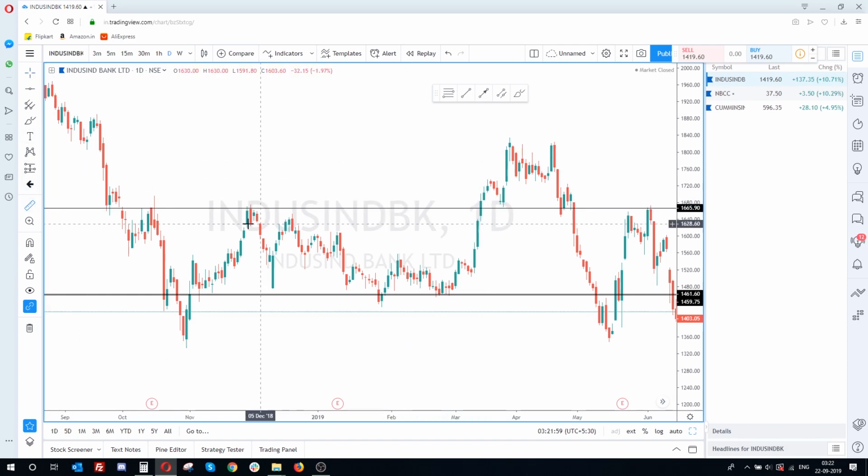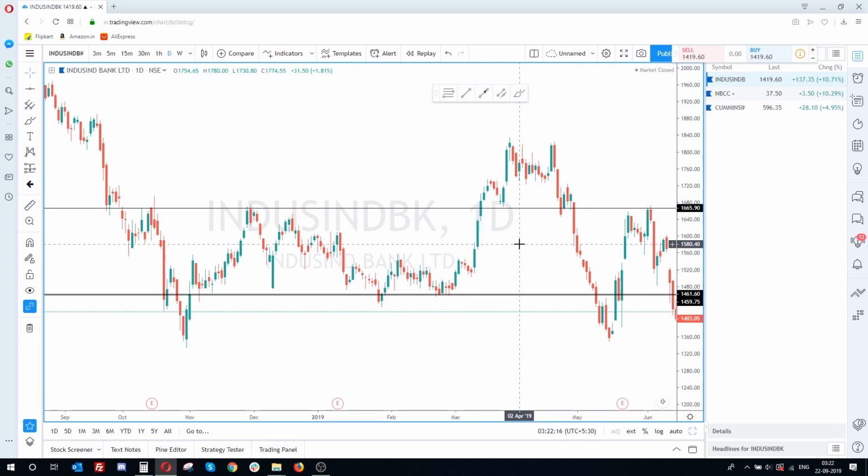Because they will go long only after the resistance is broken. So they will be going long here, although they are booking around more than 7%, they are missing another 7%, 7.5%, which is really huge.